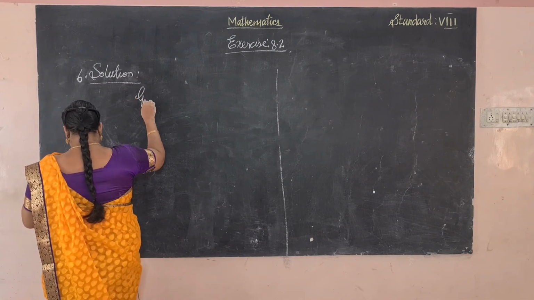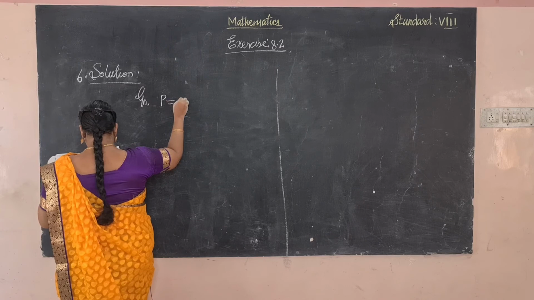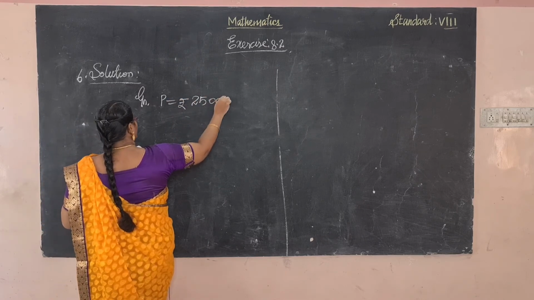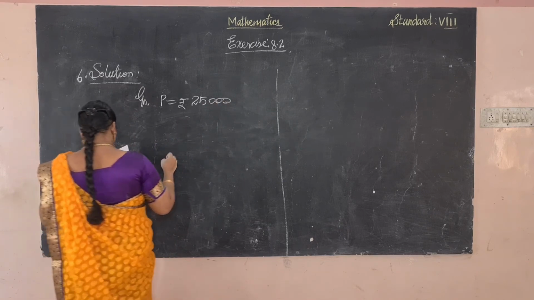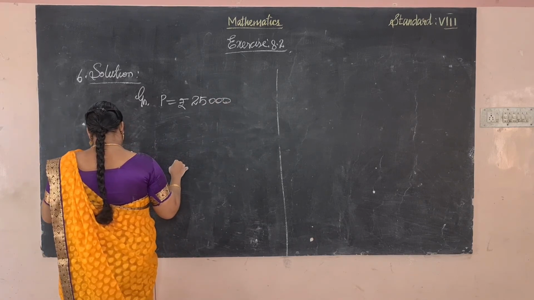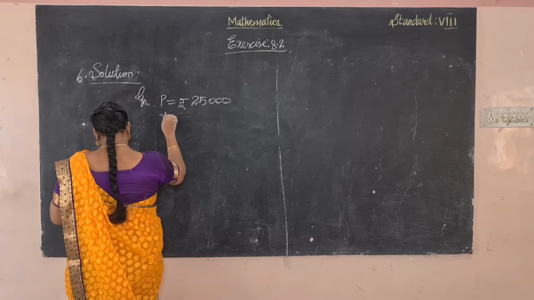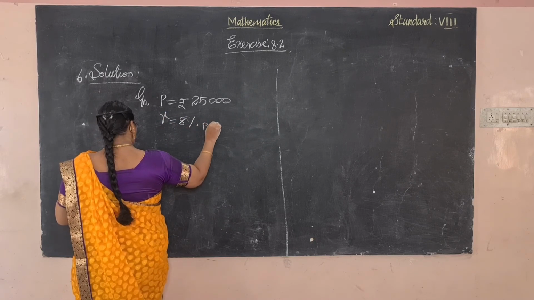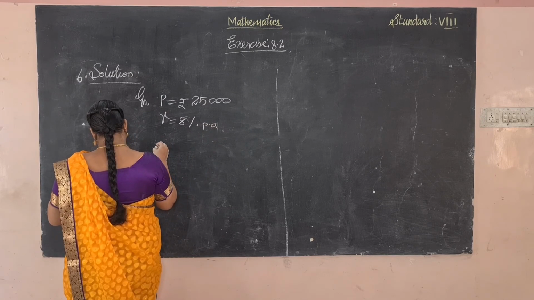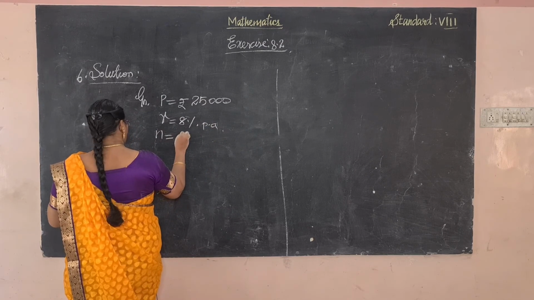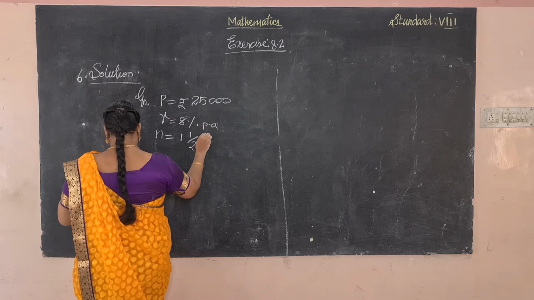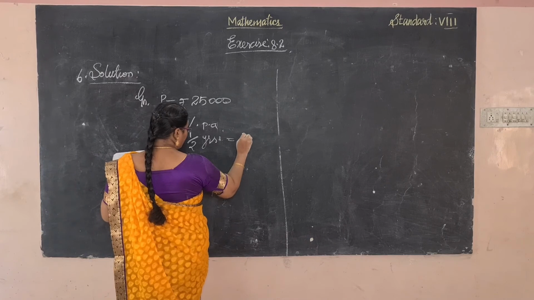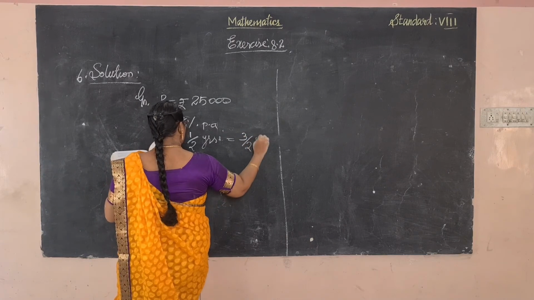Given principal is equal to rupees 25,000, and rate of interest R is equal to 8% per annum. Number of years is 1.5, which means 3/2 years.